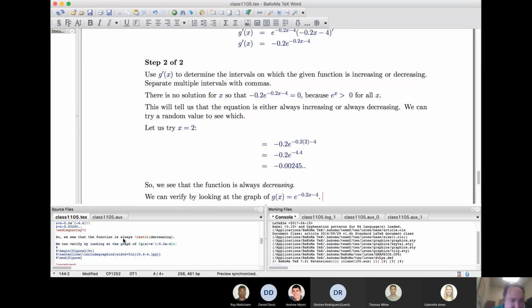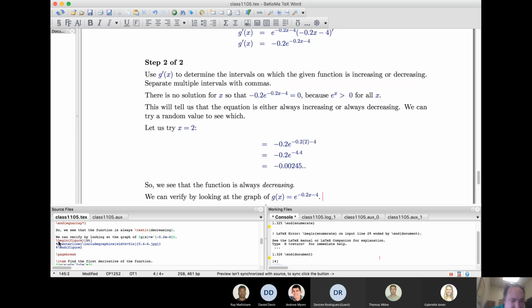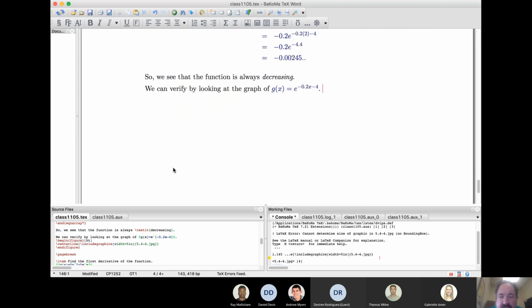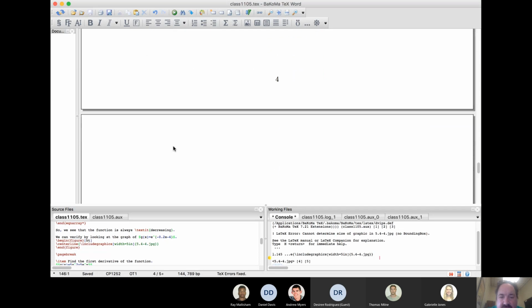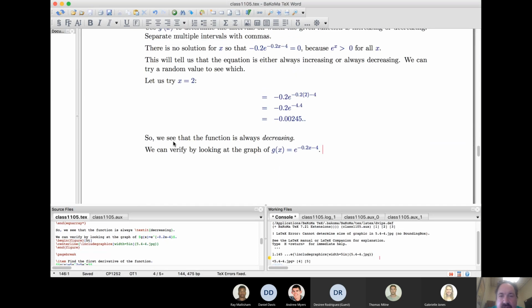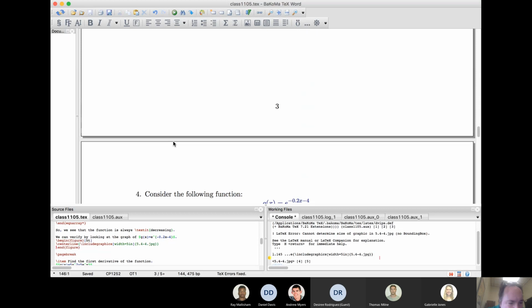And this part is not actually necessary, but I just want to show you what the function looks like. Oh, there's supposed to be a graph.